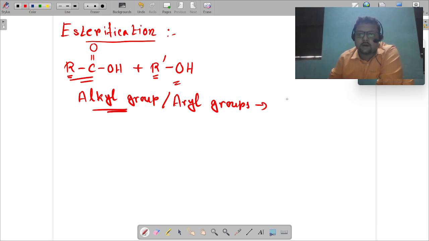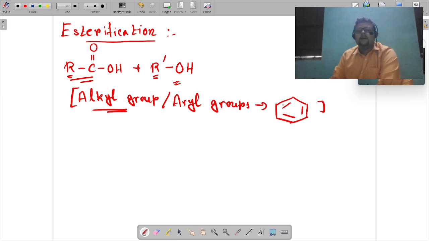Simply put, a benzene ring or a benzene substituent. This esterification reaction works for both alkyl groups and aryl groups, meaning it is applicable to both alkyl carboxylic acid and aryl carboxylic acid, along with an alkyl alcohol or an aryl alcohol like phenol.